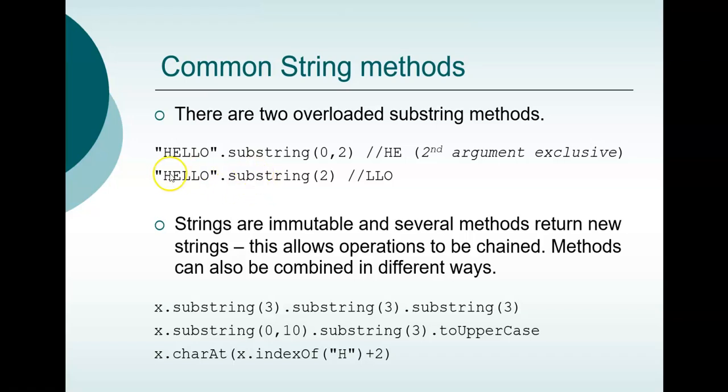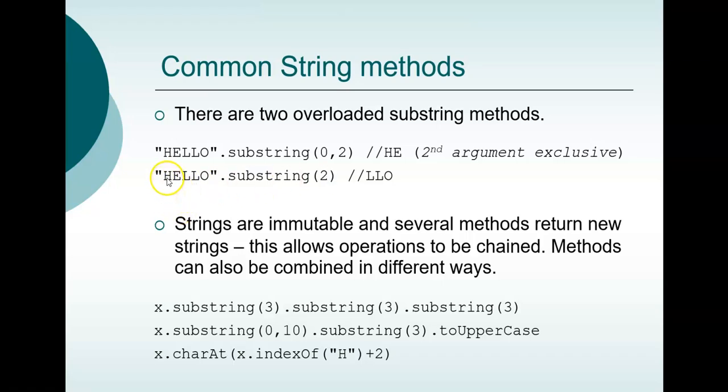Okay, now with the second example, hello substring 2, we have only one parameter, and that parameter specifies the beginning index. In the first example, we have the beginning index and the end index. In this second example, we only have the beginning index, which means it will start from index 2 and extract all the characters from index 2.